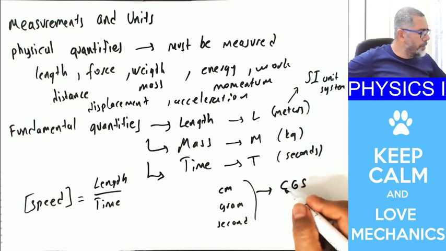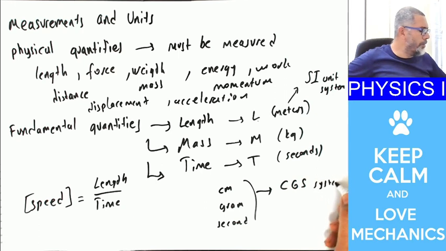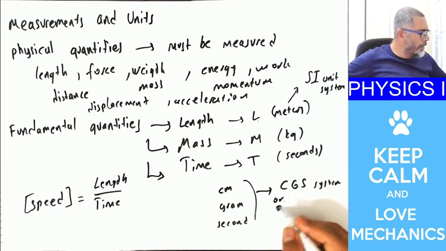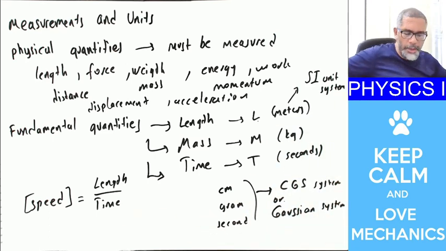C refers to centimeters for length, G refers to gram for mass, and S to seconds for time. Sometimes it's called the Gaussian unit system. There are many other unit systems.